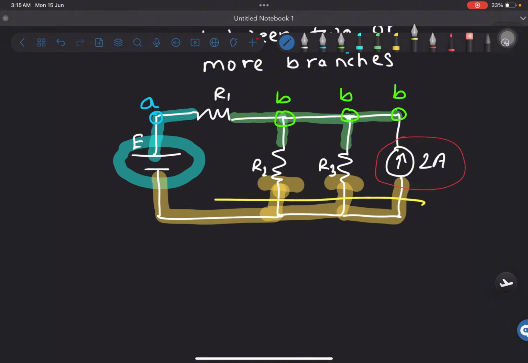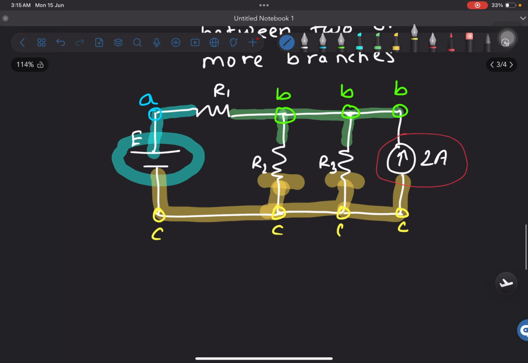Why? Because over here there is no break, there is no other element, there is no other branch present. So we can call this entire thing node C, this is node C, this is node C. Now don't be scared. It still might seem a bit intimidating at first, but once we practice through a few today, I hope that you'll understand what exactly I mean.